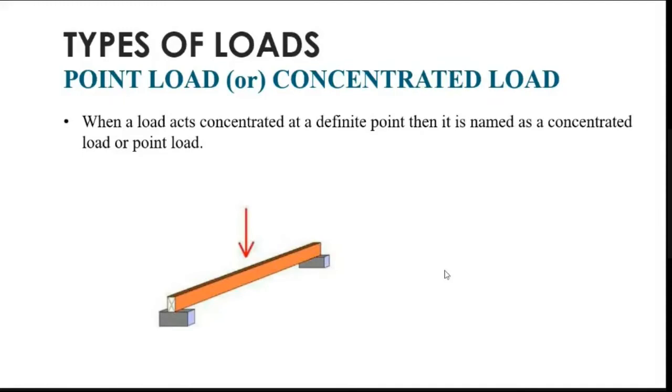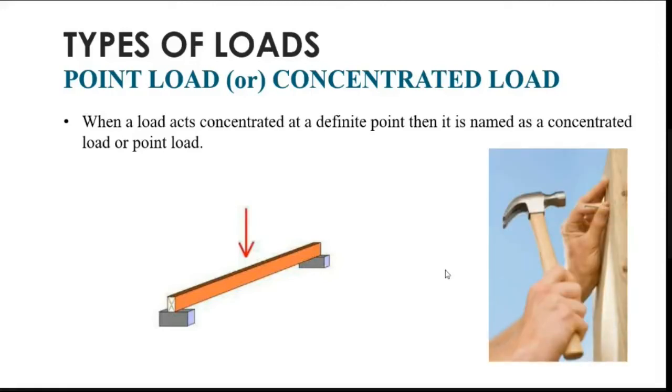All forces are point loads, acting only at that particular point. The point load is important and somewhat easy, so whenever we solve any problem, we convert to the point load, so that it is easy to solve, because all our problems are related to point loads.